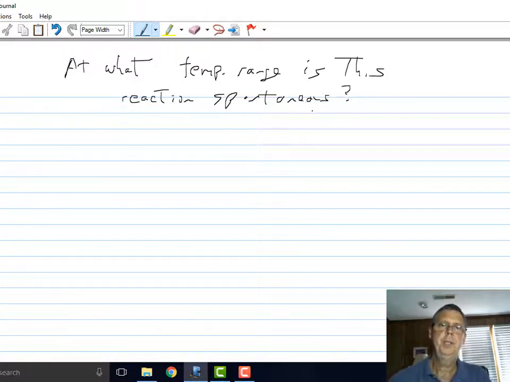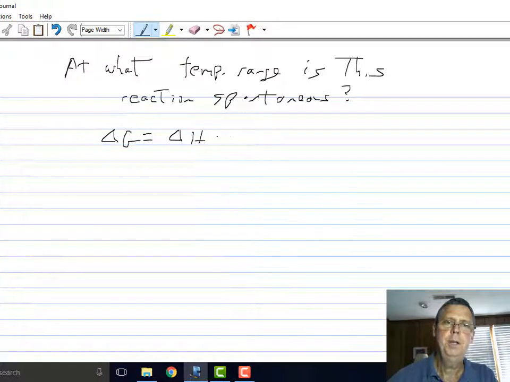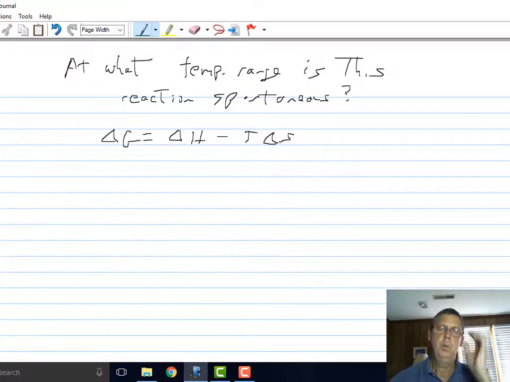Go through the same things we've been looking at. So to find temperature, we need to use delta G equals delta H minus T delta S. We need to use these values.